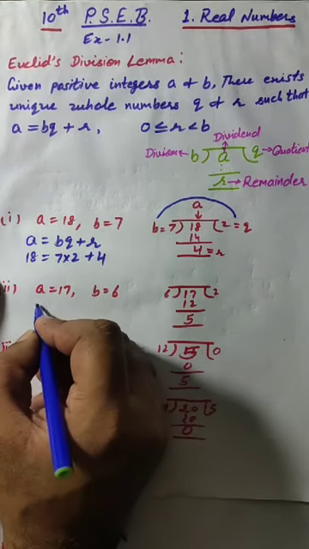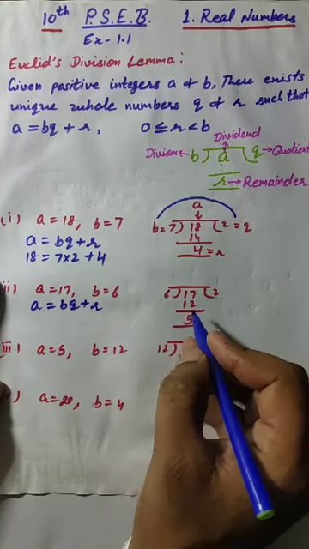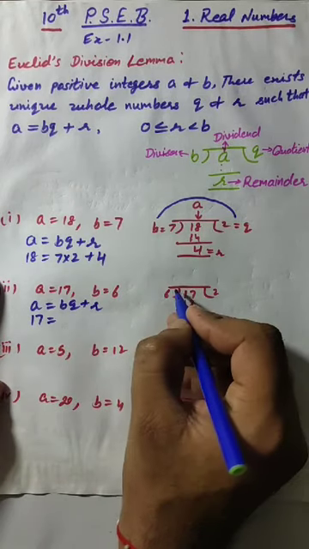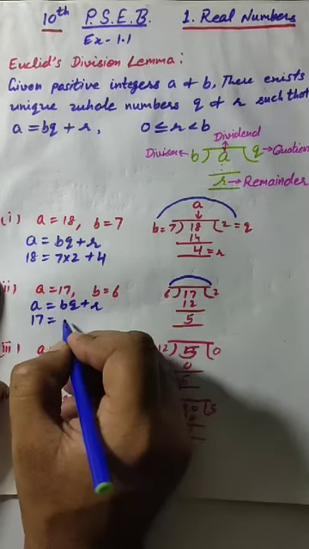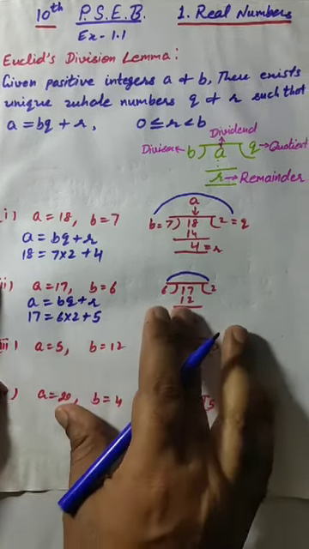Similarly, we can write the other sums, like a is 17 here, and we multiply 6 by 2 and add 5.